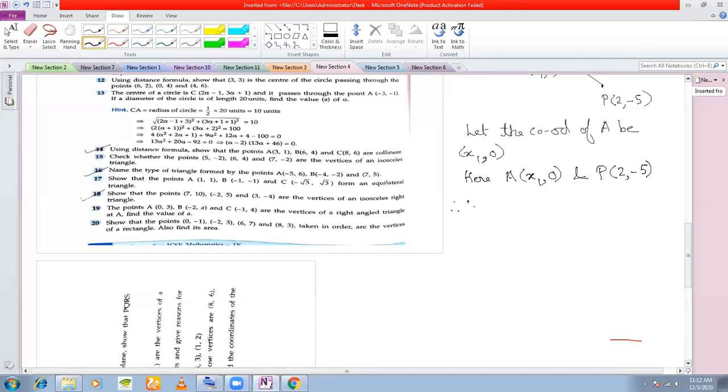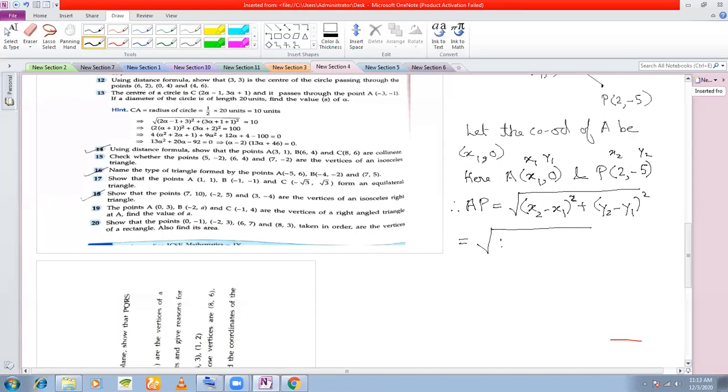Therefore, distance AP is equal to root over of, okay, let us take this as your x1, y1, x2, y2. So this is root over of x2 minus x1 whole square plus y2 minus y1 whole square, which is equal to root over of, now just put the values.